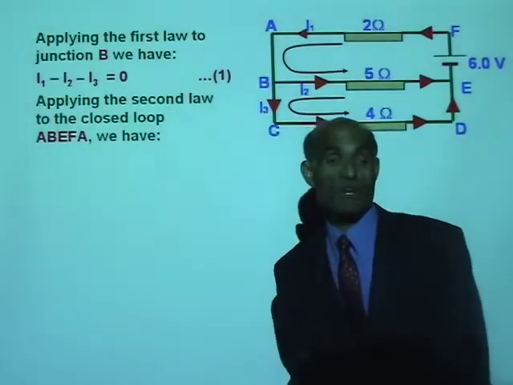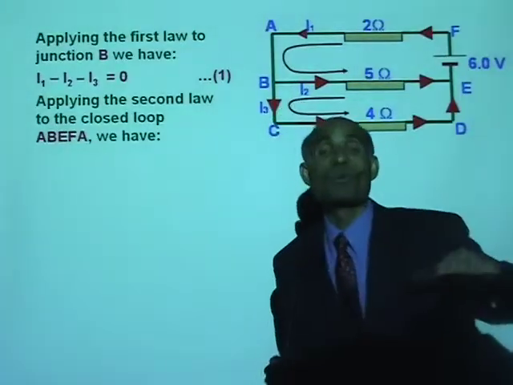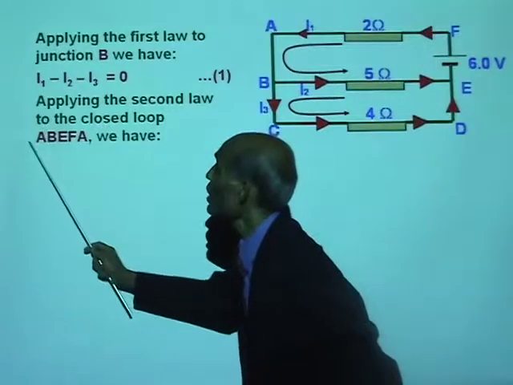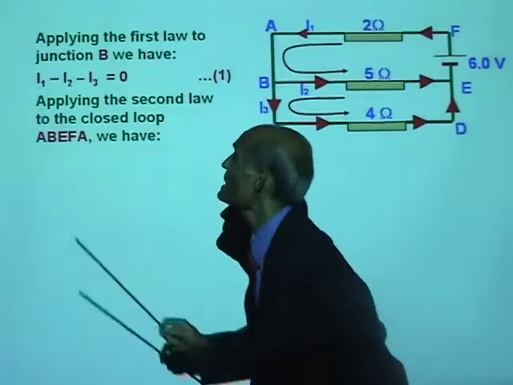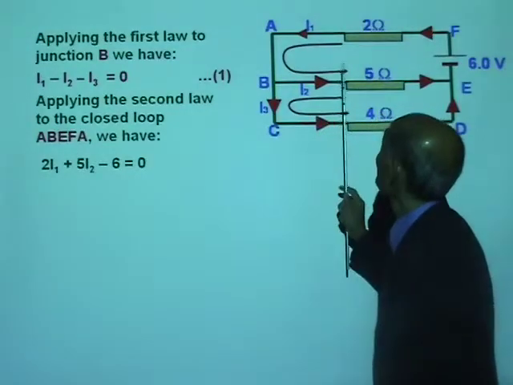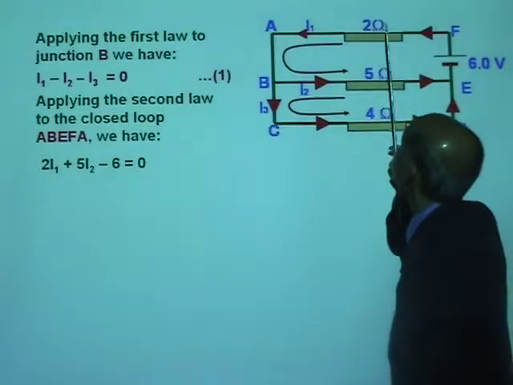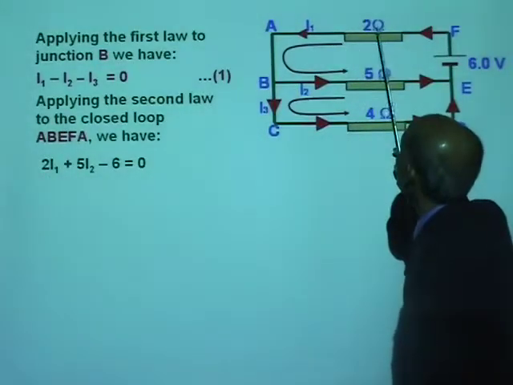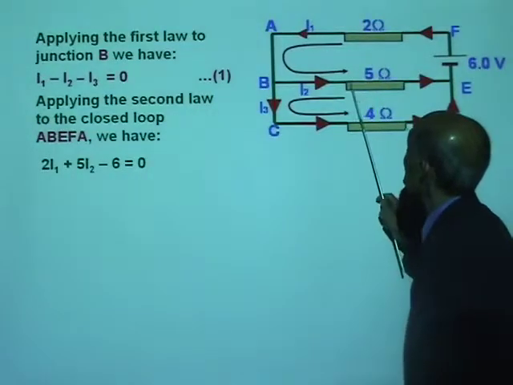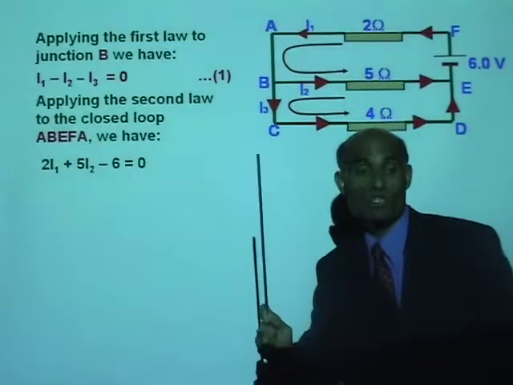Alright, to produce 2 more equations, we're going to choose closed loops where we can apply the second law. Let's choose the closed loop A, B, E, F, A, where we found that the potential drop across the 2 ohm is 2I1, that is positive. The potential drop across the 5 ohm is 5I2, that also is positive.